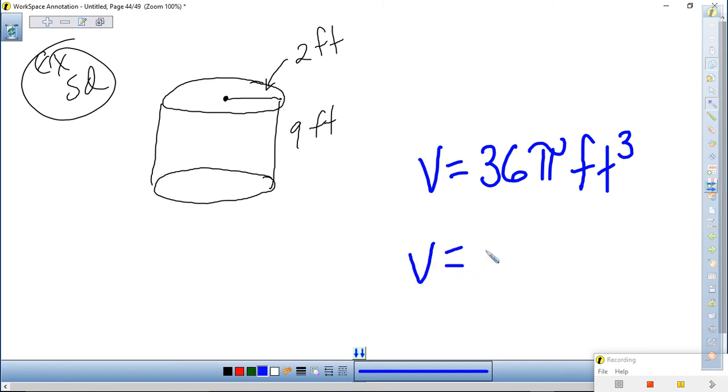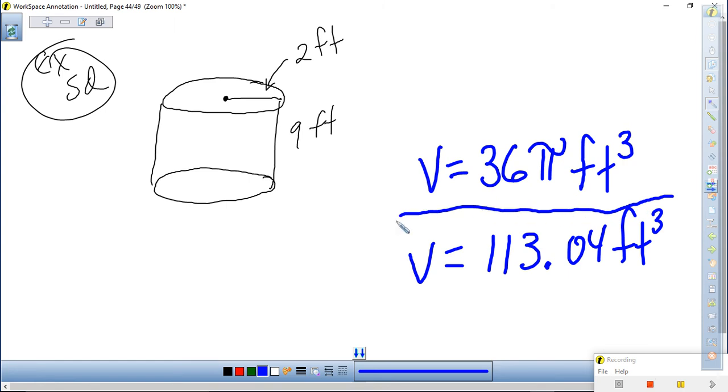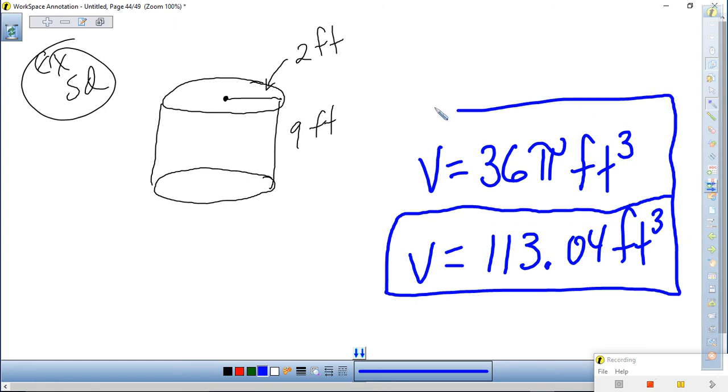No, you're not. 113.04 feet cubed. Hands, have you got that? Very good. Yeah, that's it for you multiply times 3.14. Very good.